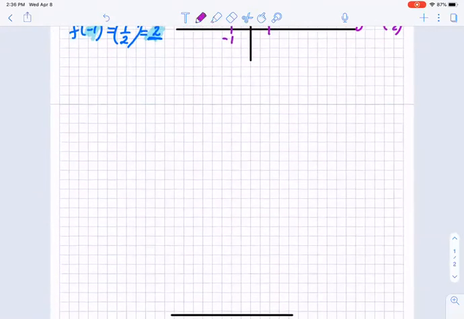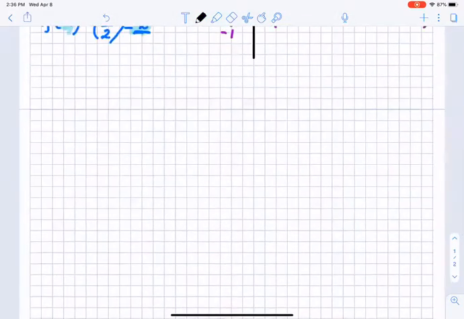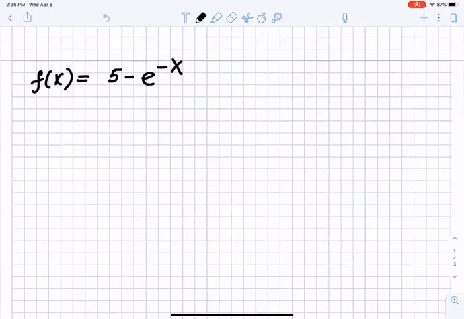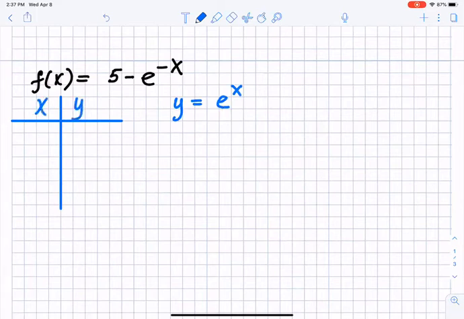Now let's graph something similar to this. Let's graph this example. f of x equals 5 minus e to the negative x. Well, let's first find some nice points. Let's first graph e to the x, right? X and y. Let's plug in some points.